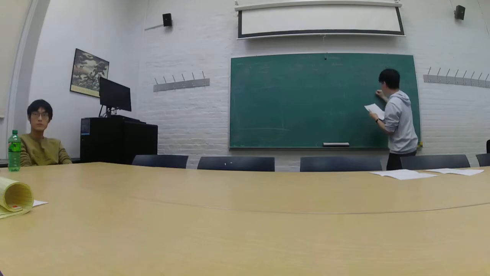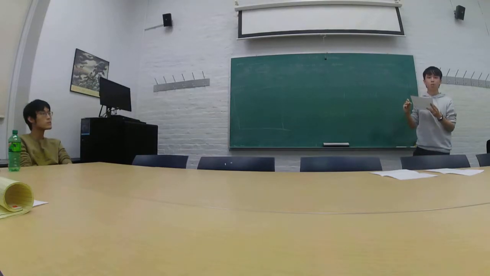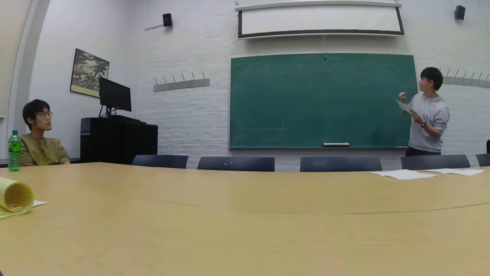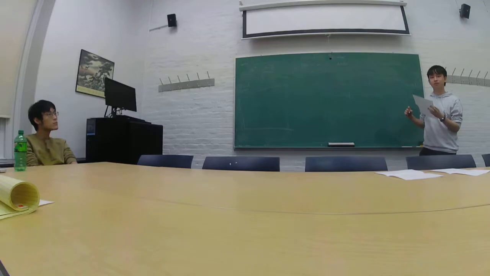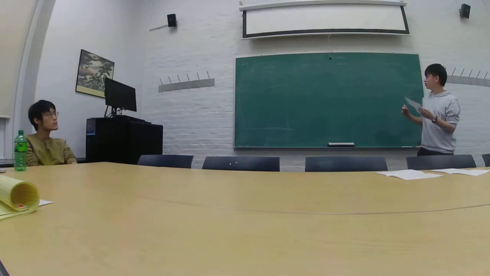Wait, can I ask a question, Aaron? So xj minus xj... No, j minus 1. Yeah. I don't understand why you are subtracting x_{j-1} and then adding x_{j-1}.